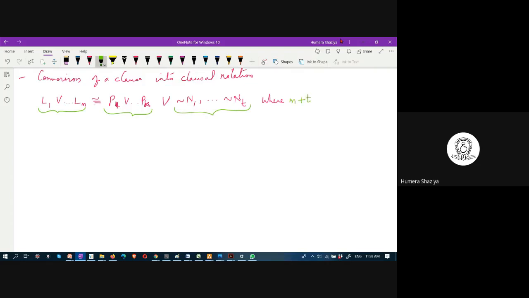M is equal to k plus t, where Pj has j greater or equal to 1 and less than or equal to k. It's just the range.